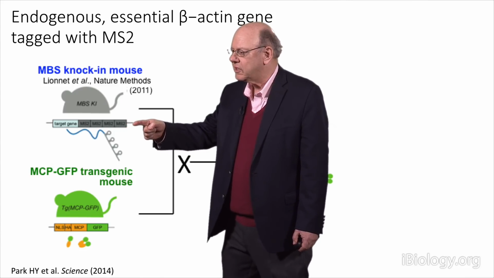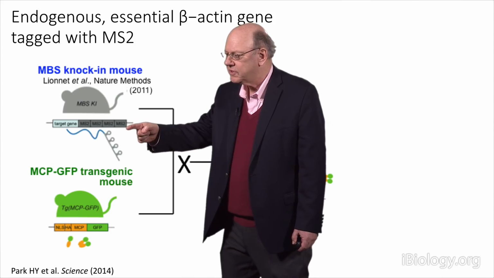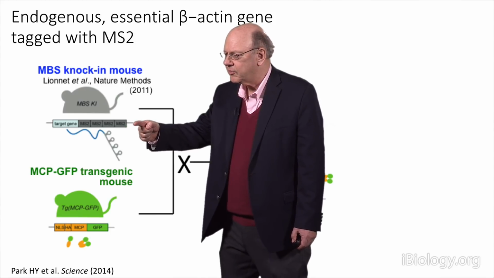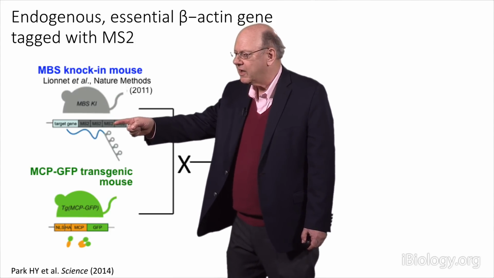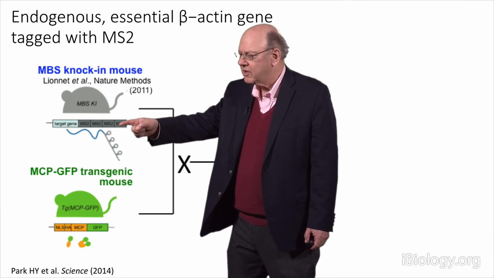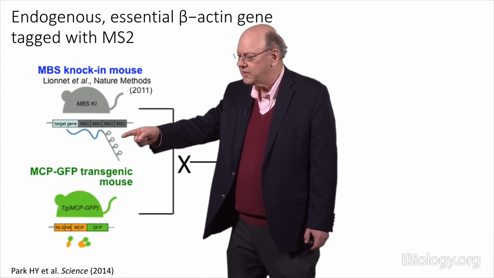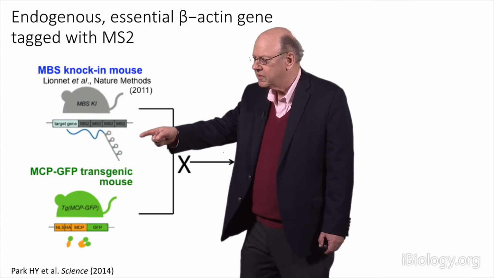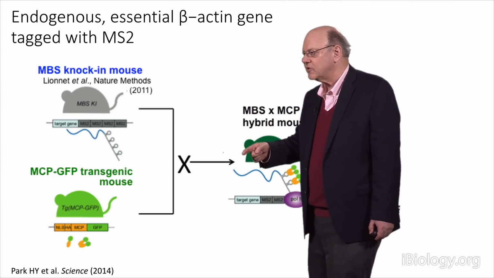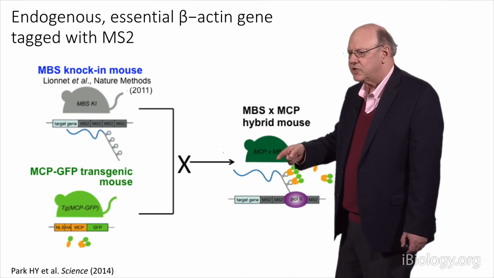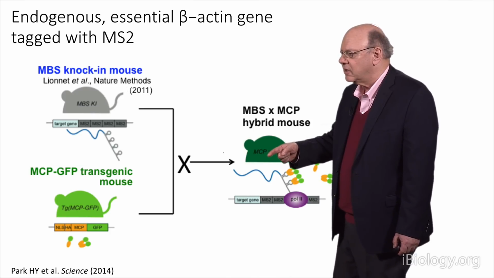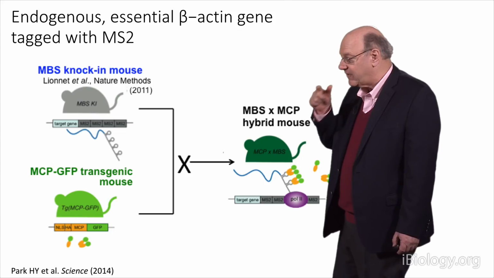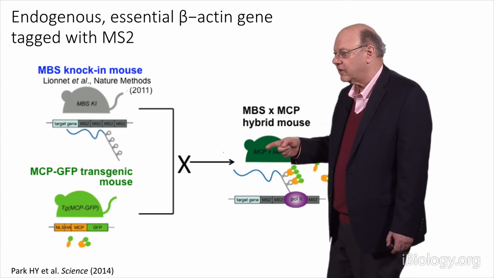Actin's an essential gene, and we put in these stem loops into the end of the gene, the 3' UTR, and we make a mouse that's got every actin gene tagged with these 1.2 kilobases of stem loops. So you'd think, well, this is an essential gene, and maybe all these stem loops in the gene are going to screw it up. But in fact, the gene works perfectly fine.